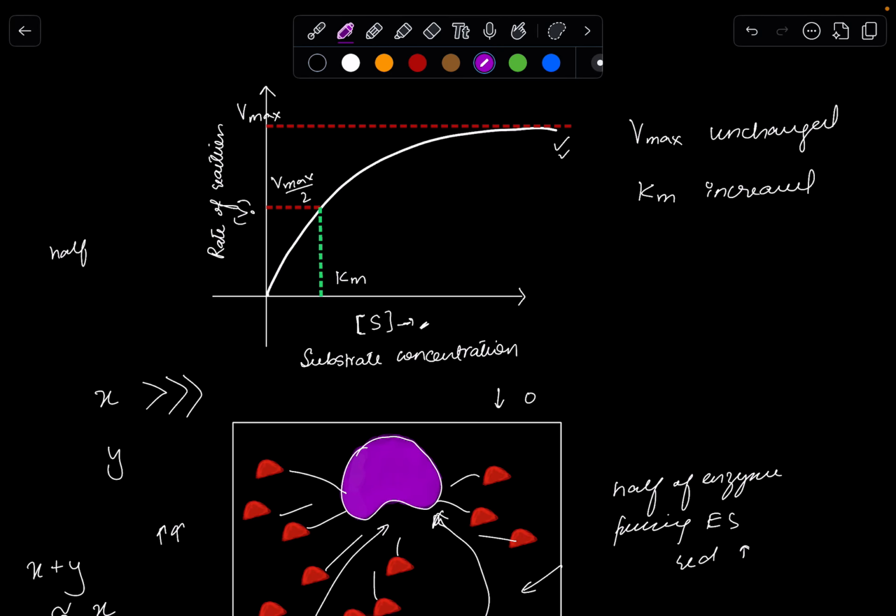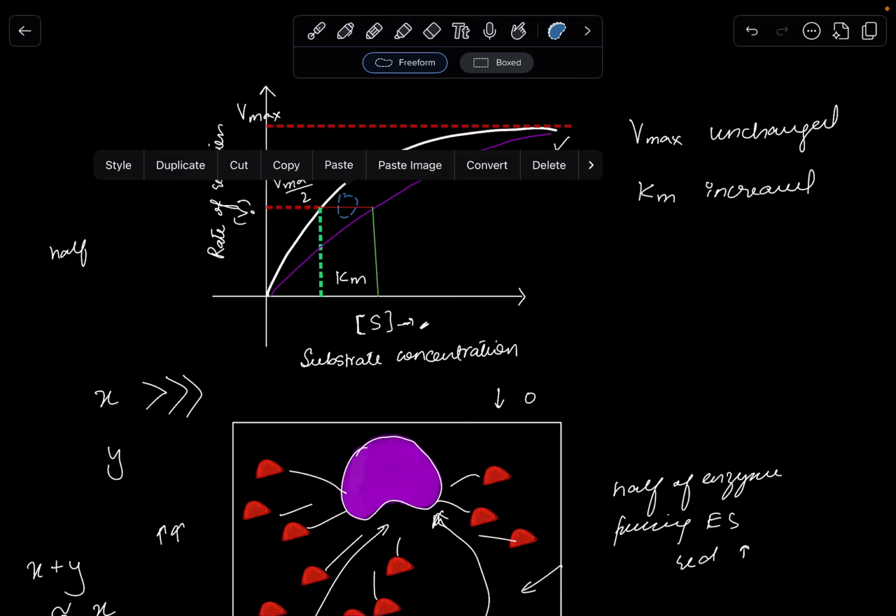So what the graph will look like is, although the Vmax doesn't change, the Km, so if I just extrapolate this line, has moved where?